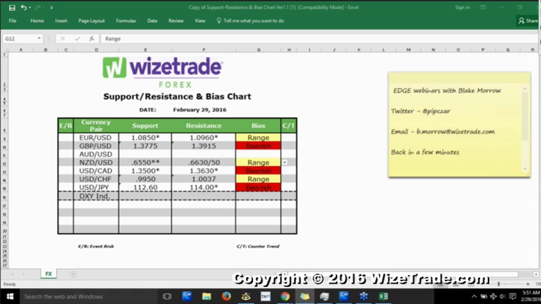But keep in mind that the RBA decision is later this evening, so things can shift a lot in regards to the Aussie dollar.